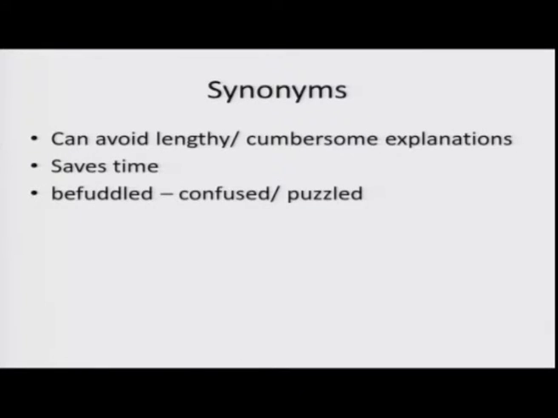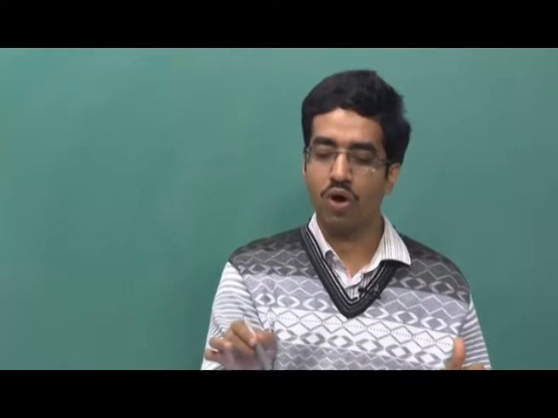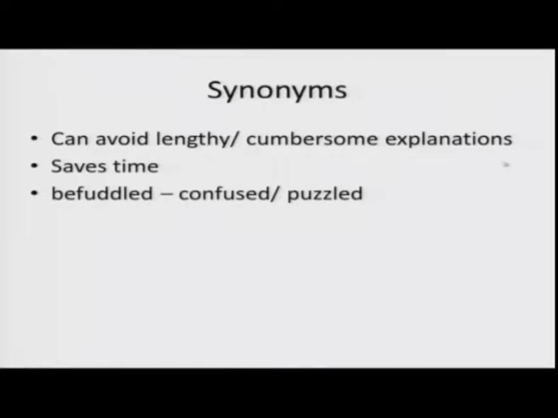First one is synonyms. You have used, say, an unfamiliar word, or you come across something while you are reading. One way, in fact the easiest way, is to define that term using a synonym. This can help avoid lengthy, cumbersome explanations and saves time. For example, we saw in the earlier example the word befuddled.